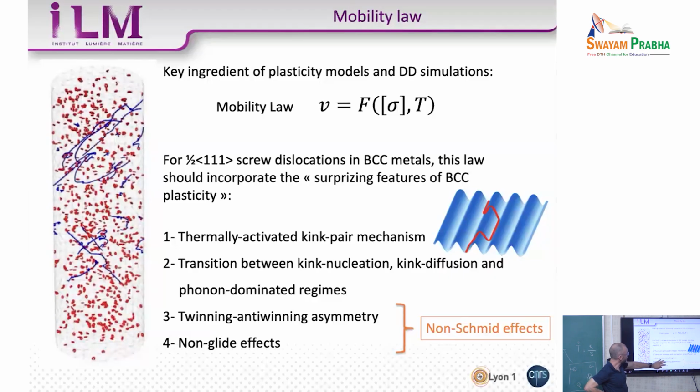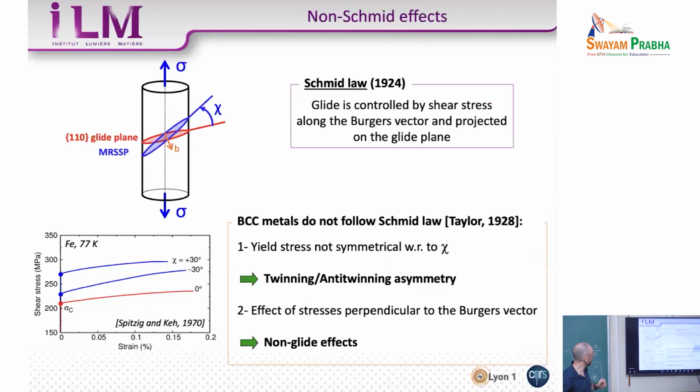And then there's something which is very specific to BCC metals. It's the so-called non-Schmid effects. Just to illustrate what they are, we've already said it several times during the week.